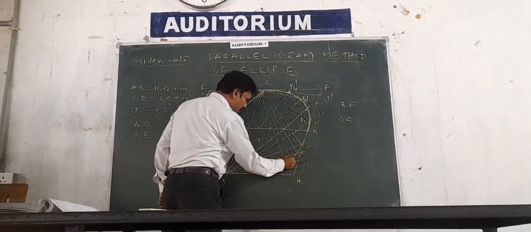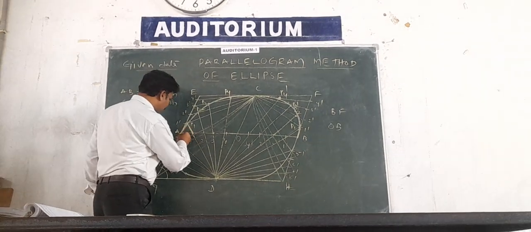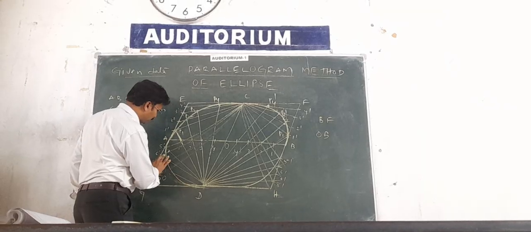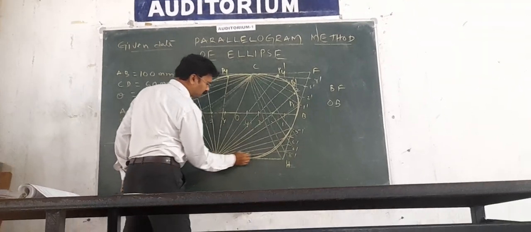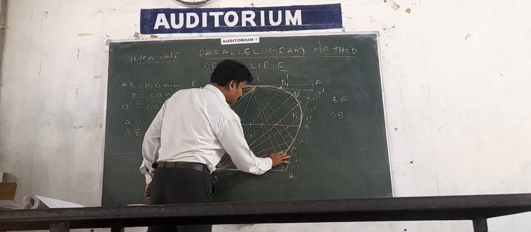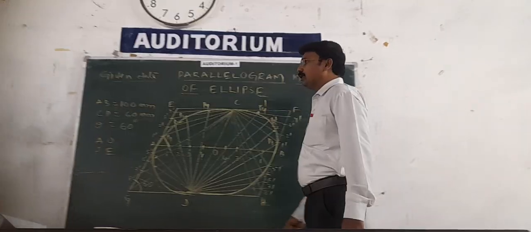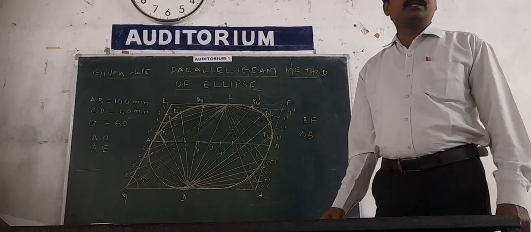So by locating all the points, you can join them and the required ellipse is constructed. Now this is the procedure in a parallelogram to draw the ellipse. I think all of you got it.